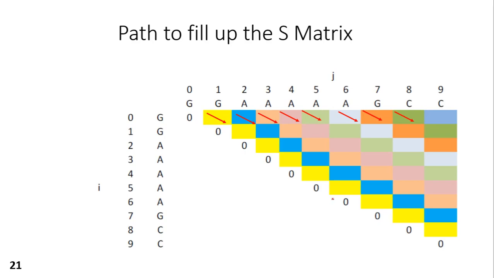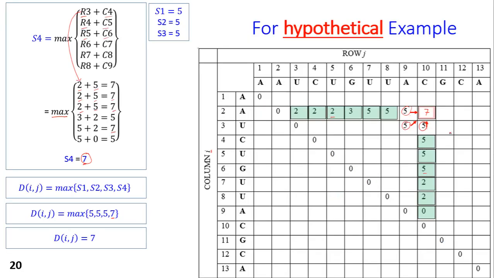Now the thing is that you cannot randomly select any column in your S matrix and start populating it. There is a specific path that needs to be followed when populating your S matrix.